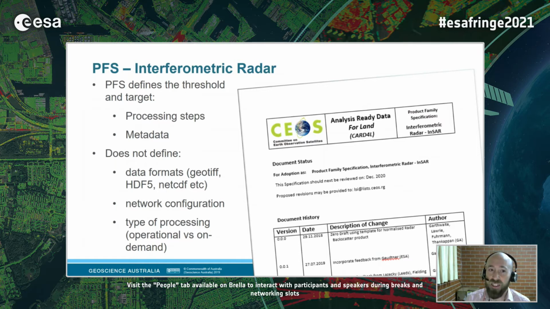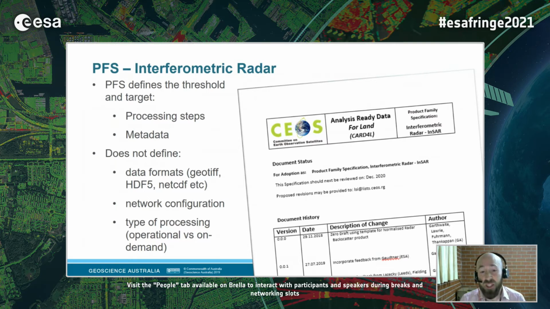Just to be clear, this isn't designed as a draconian measure to keep everything in line. It doesn't define everything, and a lot is left up to the data provider. In particular, things like data formats don't come under the CARD4L specification. That's really up to the data provider if they want to distribute GeoTIFFs, netCDFs, or not even distribute data at all, like the SAR-cube example we had before.